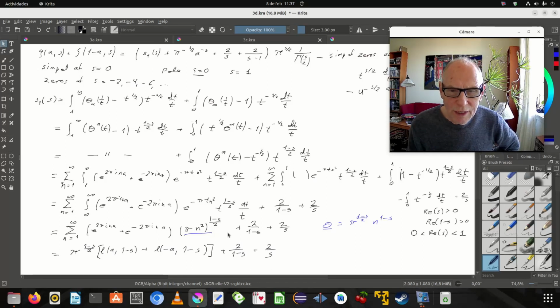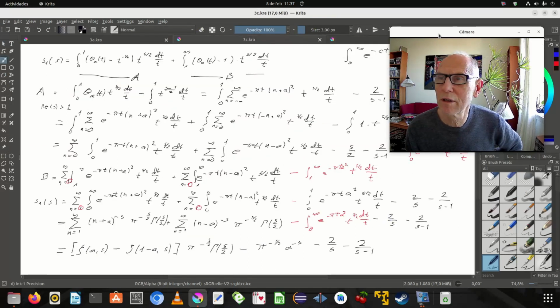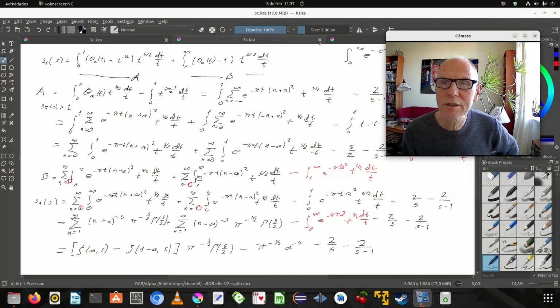Then I forgot the gamma function here. I forgot the gamma function. It should be gamma of s divided by 2, I think. Yes.